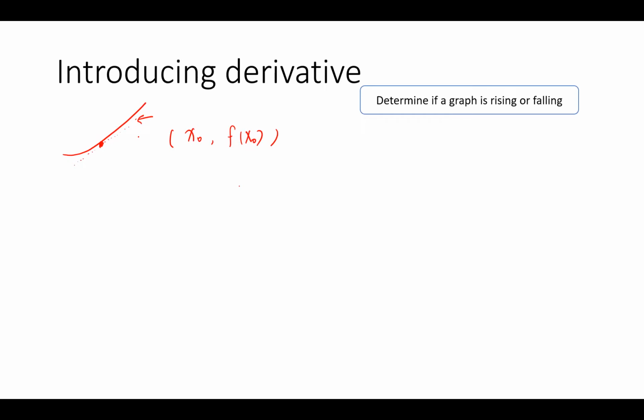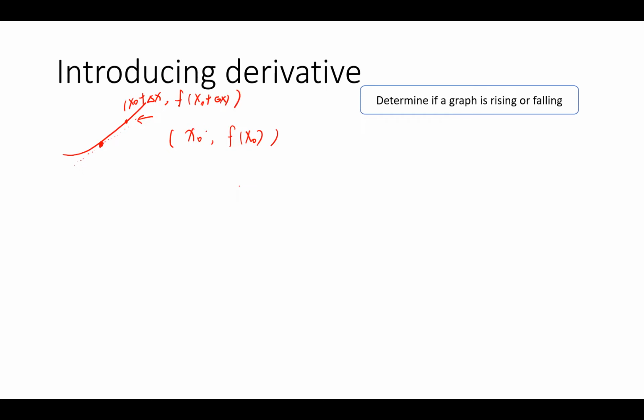Now, how do we calculate the derivative? We imagine there's another point to which we add a bit of distance. Now it becomes x0 plus delta x. So delta x is an ever so slight difference in x0, and then the corresponding evaluation of the function is at x0 plus delta x, right?